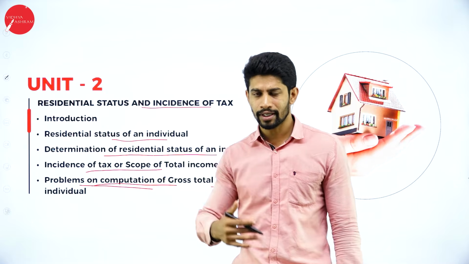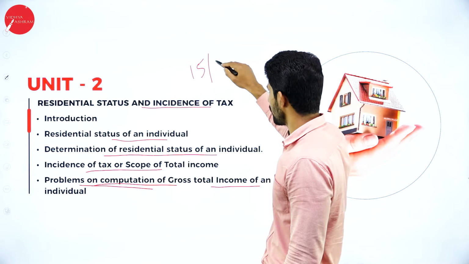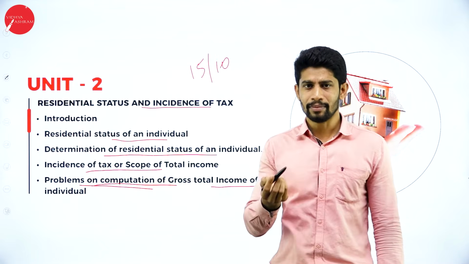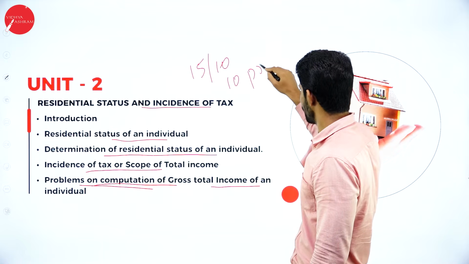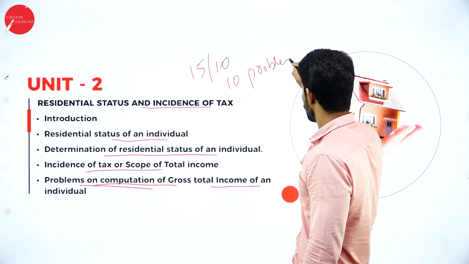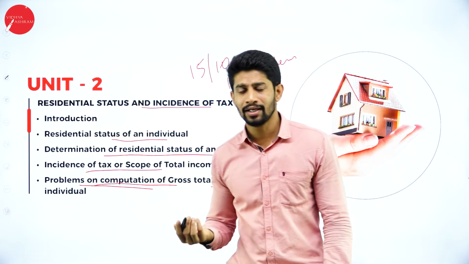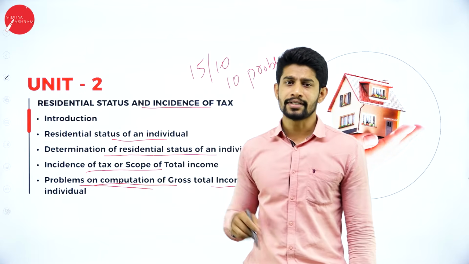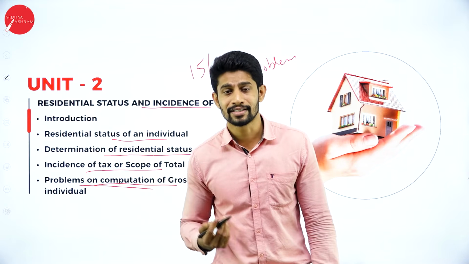So if it comes to theoretical aspects, you might be asked a 15 marks question or 10 marks question in the main exam, and also a 10 marks problem compulsorily. Okay, so a 15 marks or 10 marks theory question. What might you be asked for theory? You might be asked, explain the residential status of an individual under section 6 of the Income Tax Act 1961.